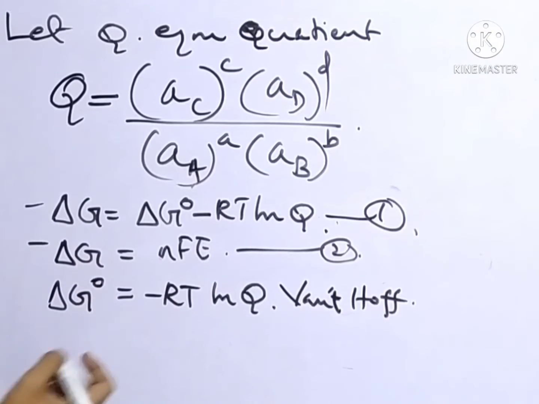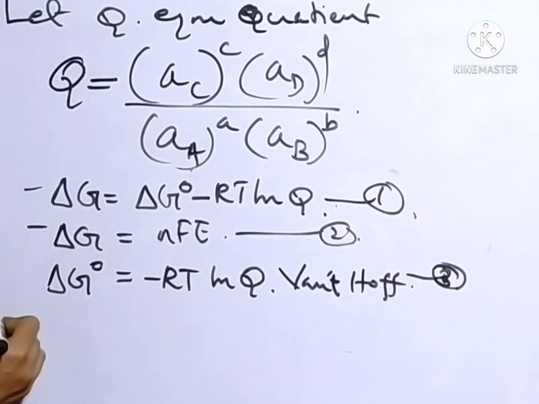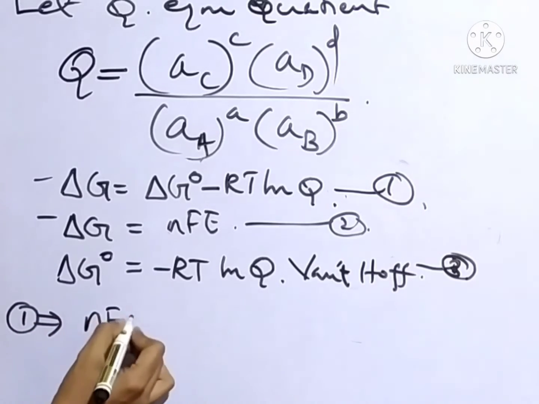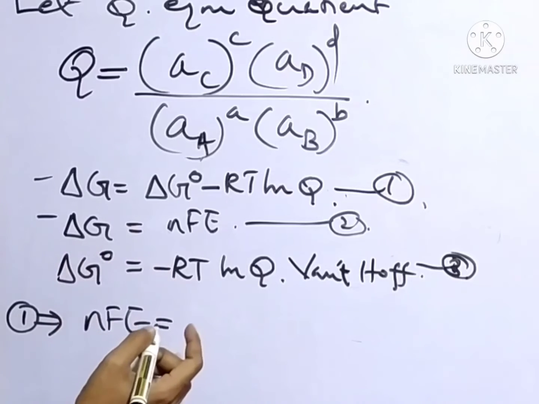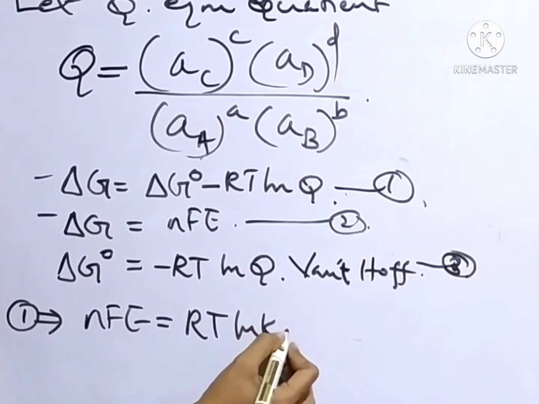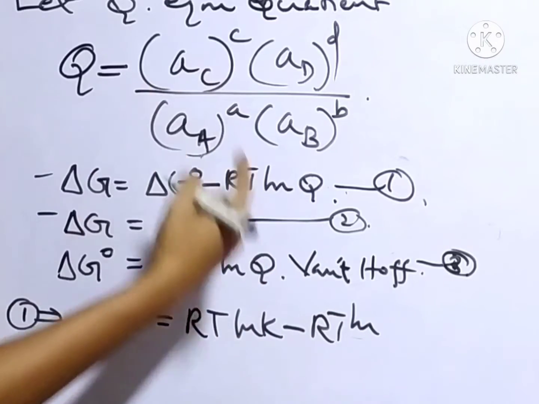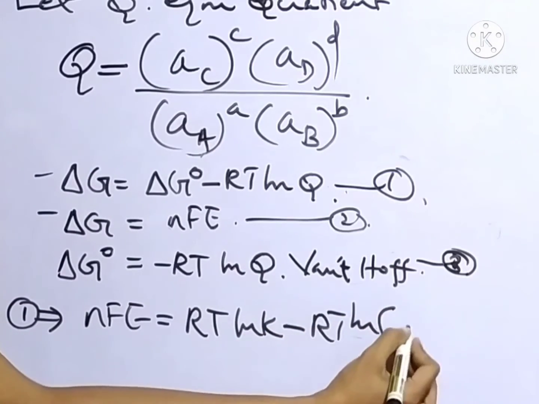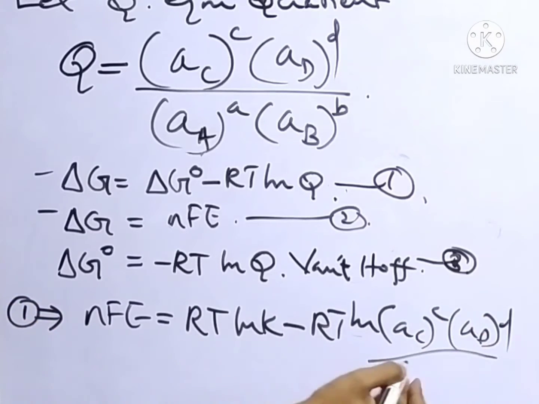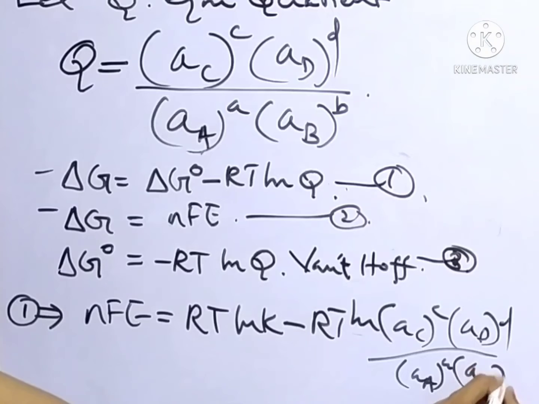By substituting these two values in equation number 1, we get nFE equals RT ln K minus RT ln Q. Instead of Q, we can write it as aC raised to c, aD raised to d, divided by aA raised to a into aB raised to b.